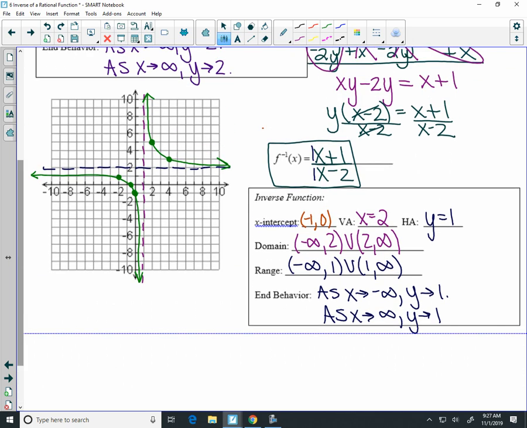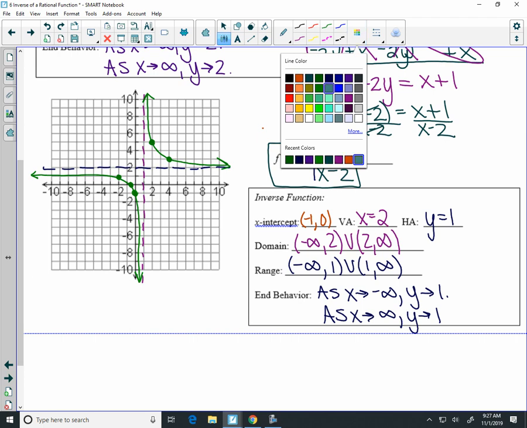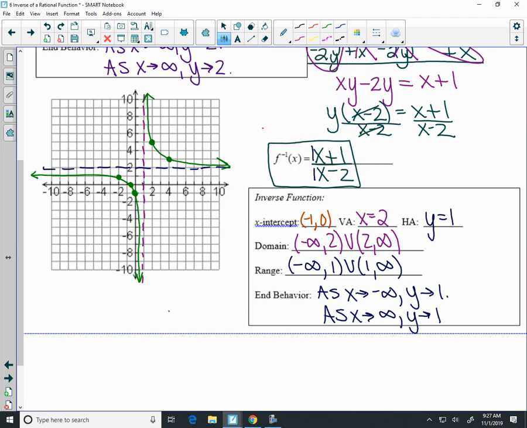All right, let me get this stuff up here. I'm not going to like the color combinations that I have going on, but okay. So we have a vertical asymptote at x equals 2, and a horizontal asymptote at y equals 1. Here we had a y-intercept of 0, -1.